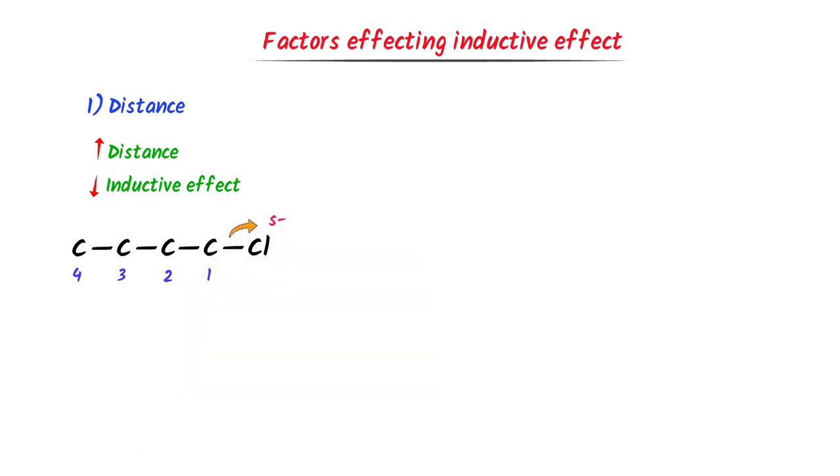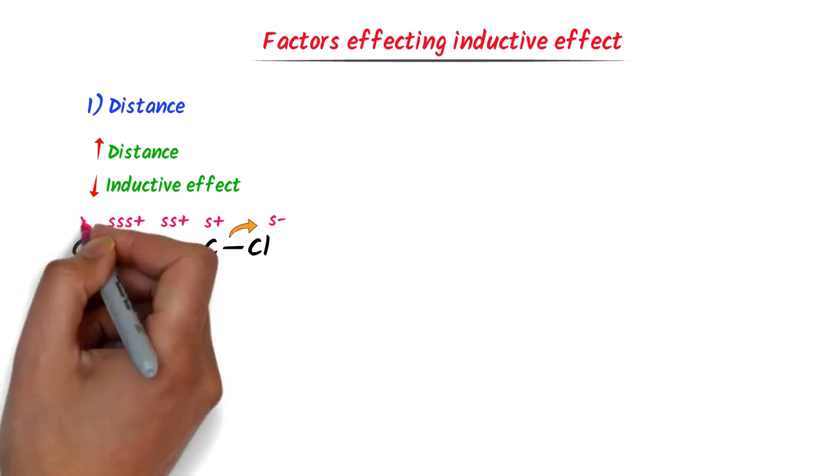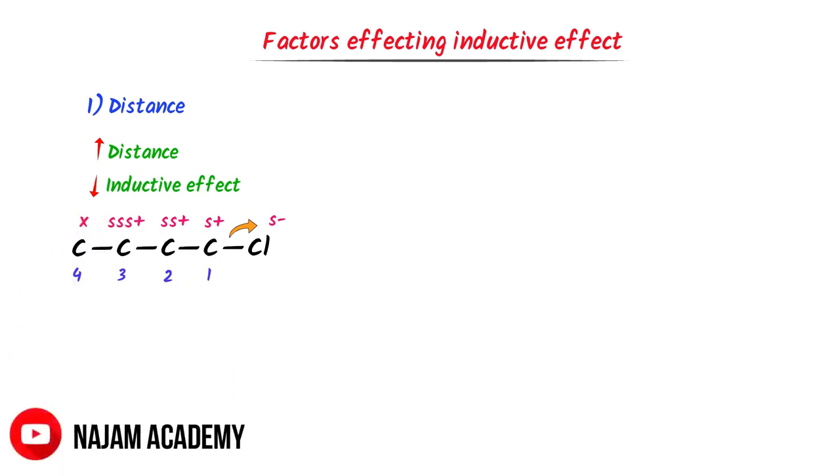So a partially negative charge will appear on chlorine and a partially positive charge will appear on this carbon. Now this second carbon is away from chlorine, so less positive charge will appear on it. This third carbon is more away, so very less positive charge will appear on this carbon. Note it down that the inductive effect on the fourth carbon is negligible. So inductive effect decreases when distance increases.